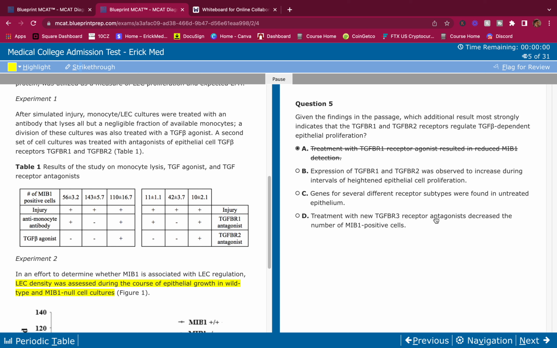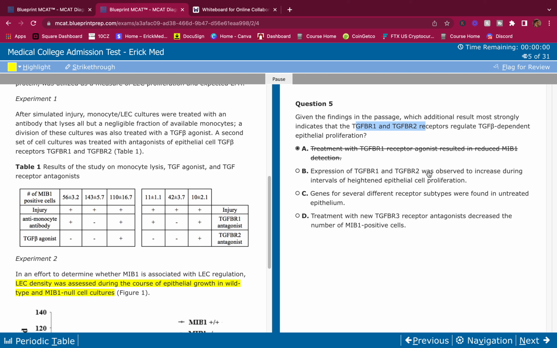B: Expression of TGF-BR1 and TGF-BR2 was observed to increase during intervals of heightened epithelial cell proliferation. Yeah, that makes sense. Remember, they want to provide evidence that these receptors regulate TGF-beta dependent epithelial proliferation.